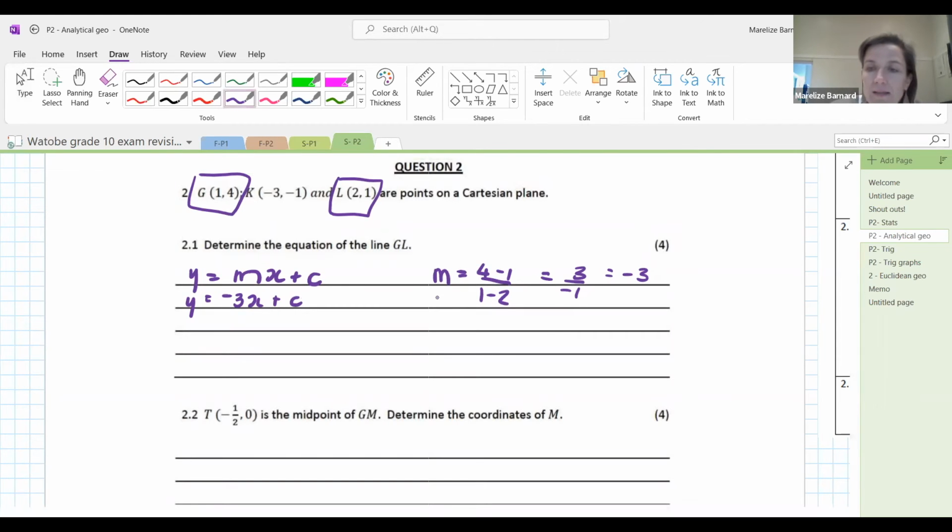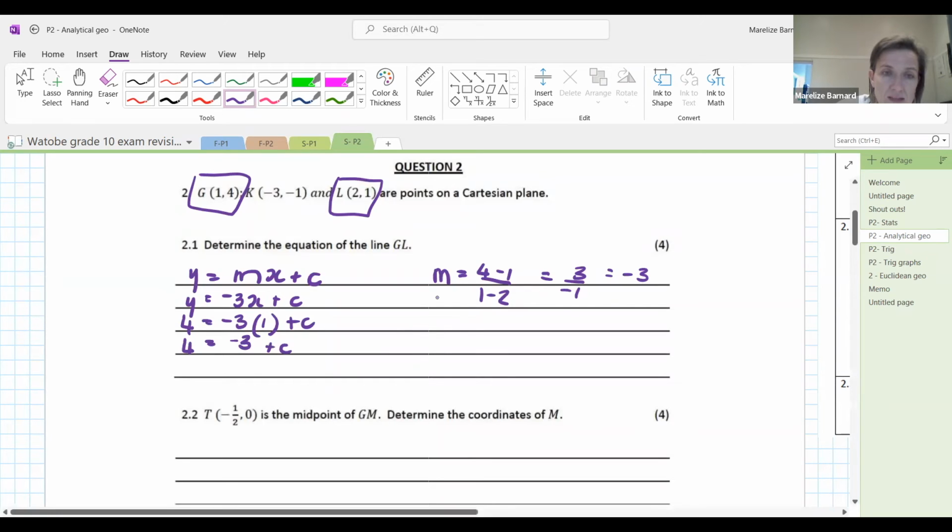To calculate C, which is the y-intercept of this line, we can substitute in either G or L and then solve for C. So I'm going to take G. If you took L, we'll get to the same answer. It doesn't matter. So y is 4, minus 3 times x is 1, plus C. That gives me 4 is minus 3 plus C. So C is going to be 7.